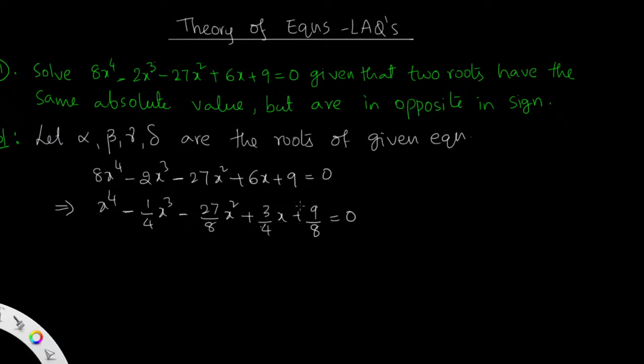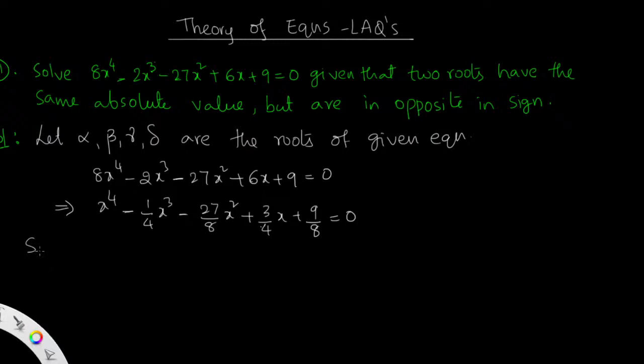So throughout the equation I am dividing by 8. Then x to the power of 4 minus 1 by 4 x cube minus 27 by 8 x square plus 3 by 4 x plus 9 by 8 equal to 0.